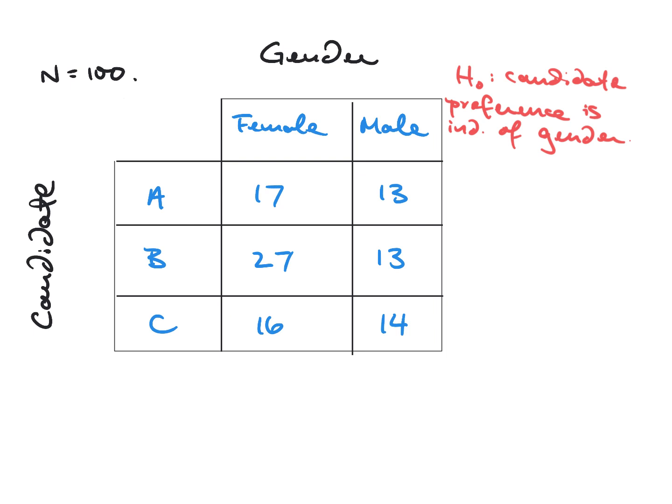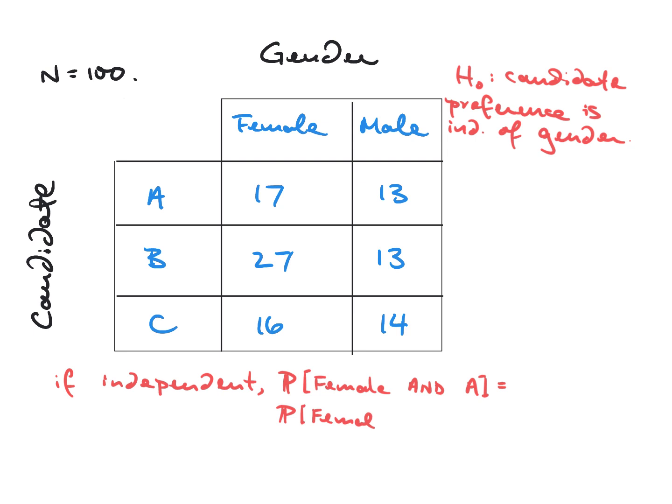The idea with a random variable was that if you put up the probabilities of being in each cell, the probability of, say, being female and preferring candidate A, remember, if independent, the probability of female and prefer A is the probability of being female times the probability of preferring candidate A. Yeah? Okay, that's the idea that we're going to use right now.